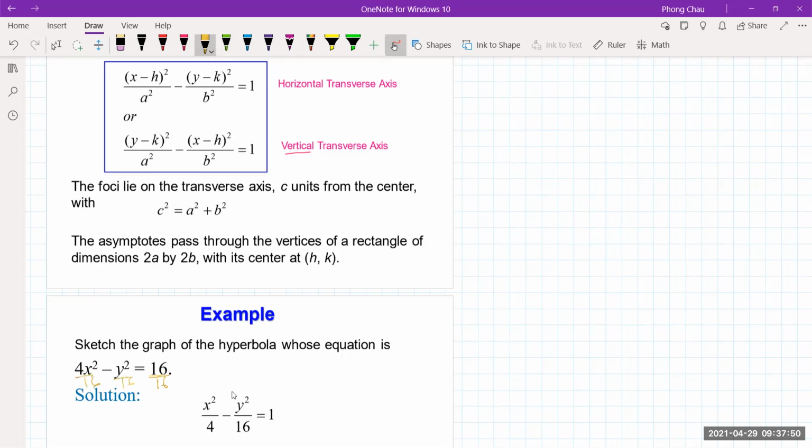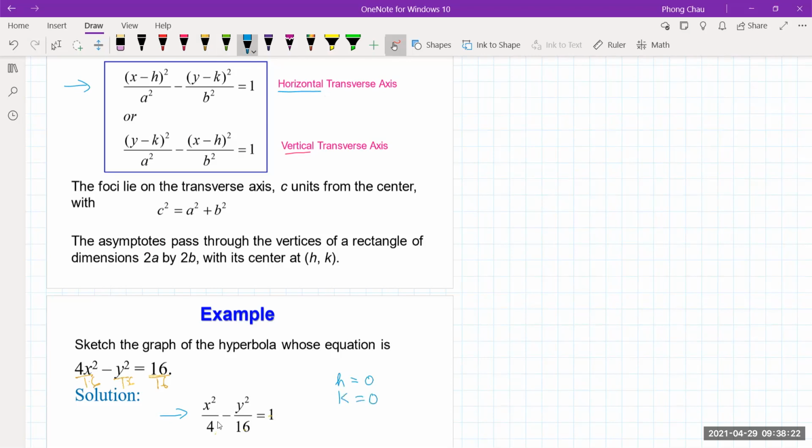So that will turn into a 1. 4 over 16 is 1/4. So you got this, right? Then from here, I can easily identify the h and the k. By the way, looking at this, you see we are in the first form, a horizontal transverse axis, and the h in this case is 0 and k is 0, right?